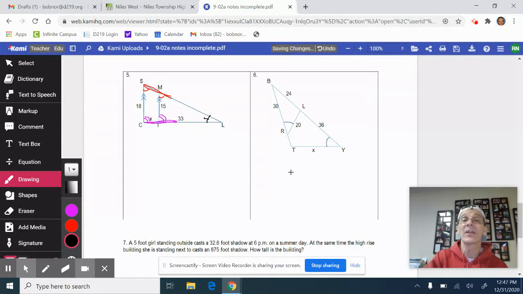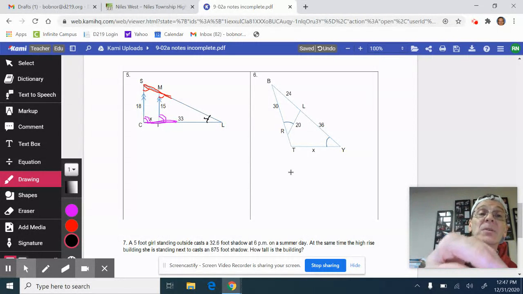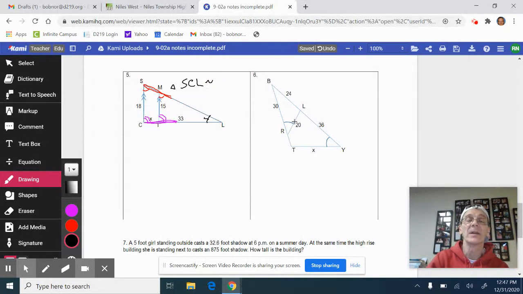Well, now that I know where the congruent angle pairs are, I can name these two triangles. So let's name the big one first, but it doesn't matter. SCL. Triangle SCL is similar to, let's see, the S matches up with the M. The C is congruent to the I, and then the L matches up with itself.